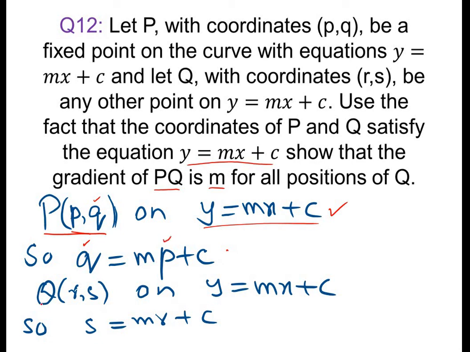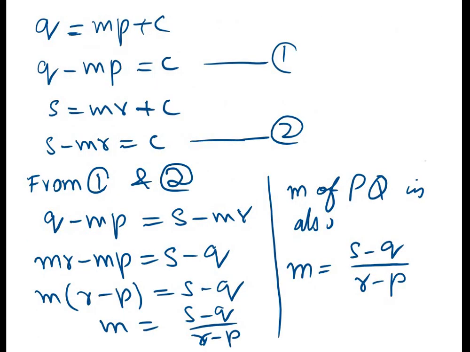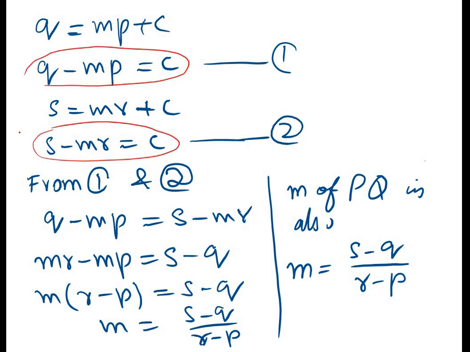The same goes for the point Q: it also satisfies this equation, so put x and y in the same equation. Now we have two equations, q is equal to mp plus c, and s is equal to mr plus c. We can find c from one equation and from the other.